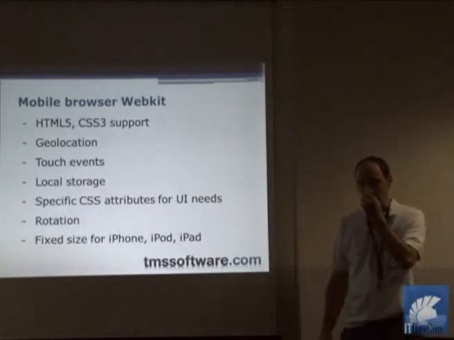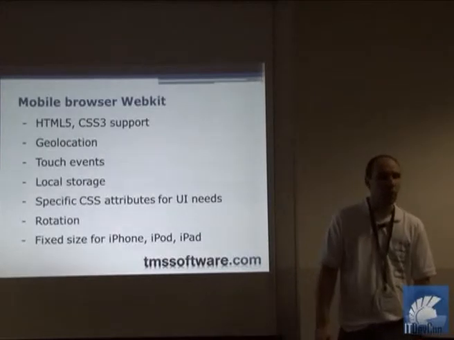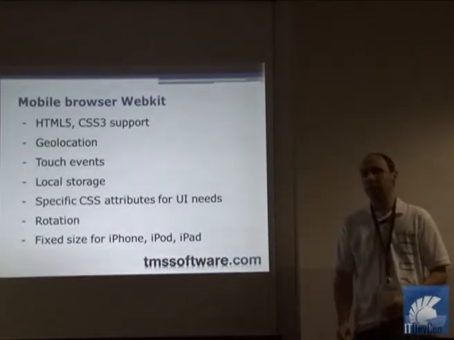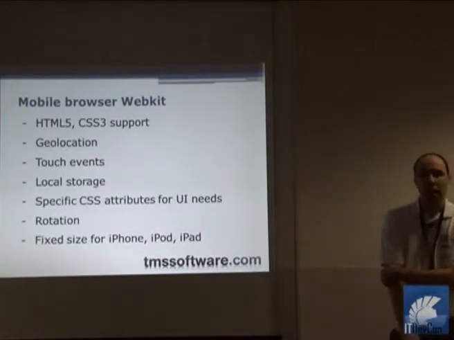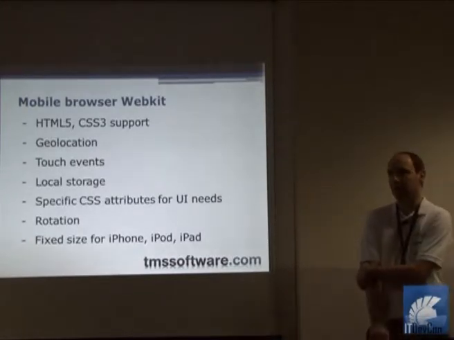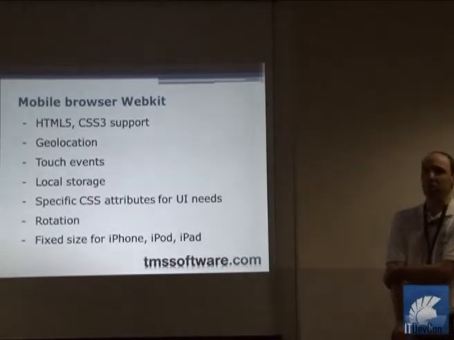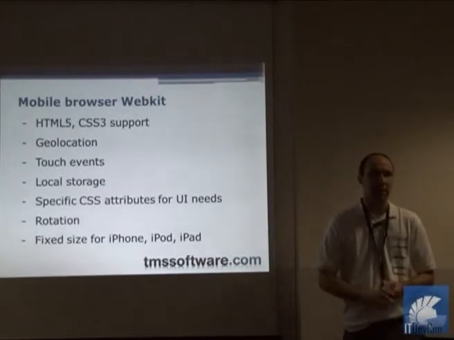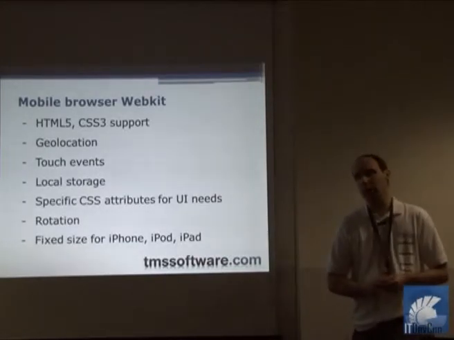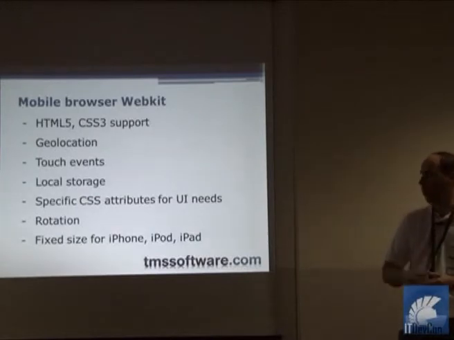Geolocation, all these new mobile phones, these tablets, etc., have a GPS. So we can also take advantage of it because the WebKit browser engine exposes access to this GPS device. We will also have a look in a moment at how we can take advantage of that.